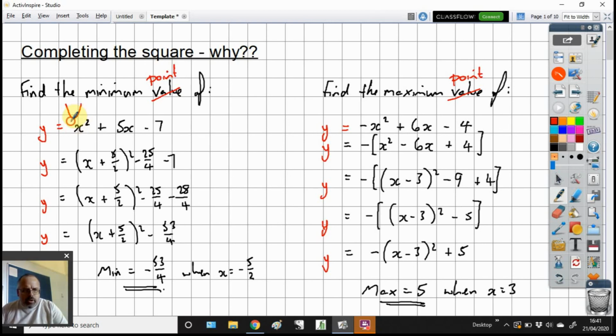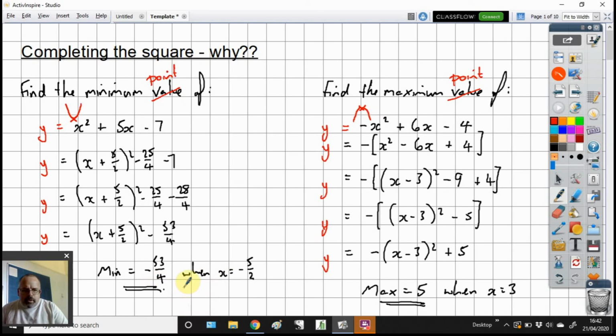And now you can start to see the minimum that the question is referring to. Over here, y equals negative x squared, the curve is definitely that way up. And again, you can start to see the maximum point that this question is talking about. You would go through exactly the same logic, but you would state your answer differently.